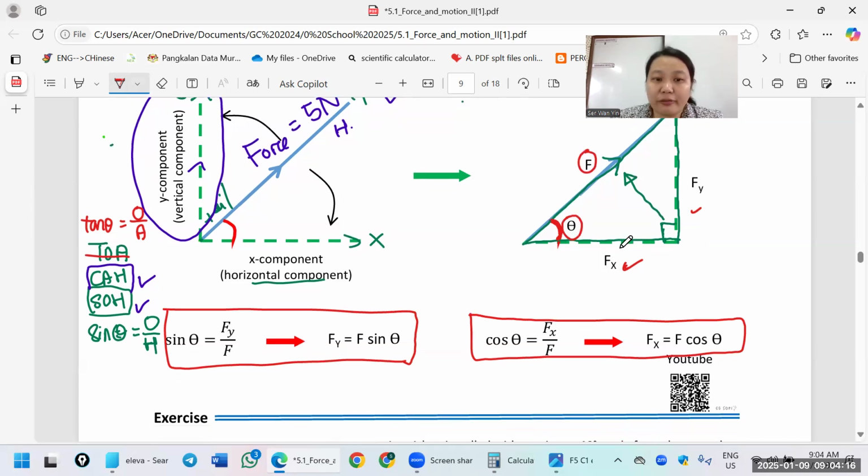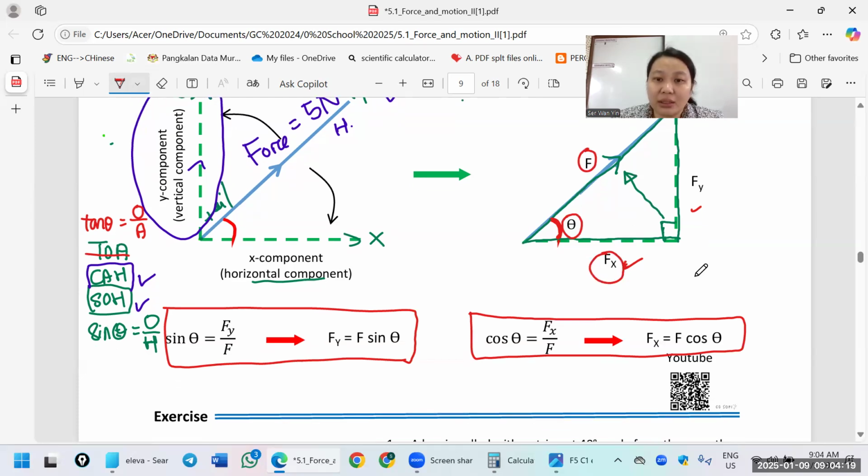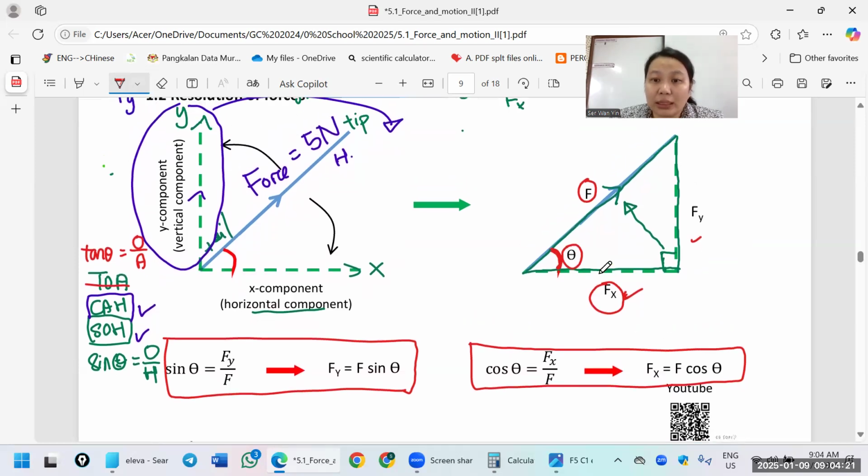If we want to find Fx, Fx is cos. Cos means adjacent divided by hypotenuse. So cos theta equals adjacent divided by hypotenuse. The adjacent is the side the angle touches, so we say it's Fx.